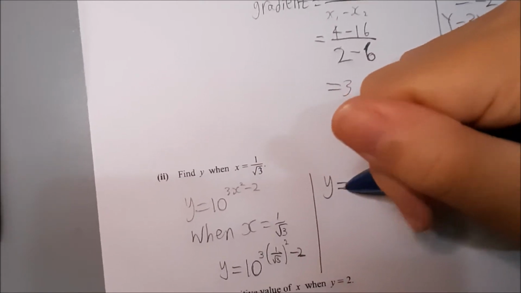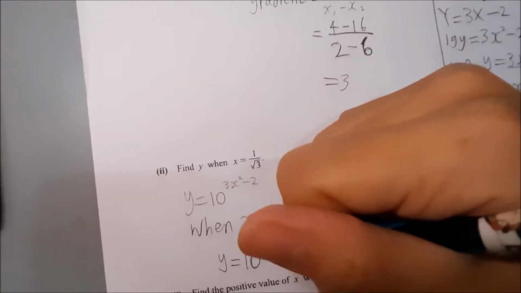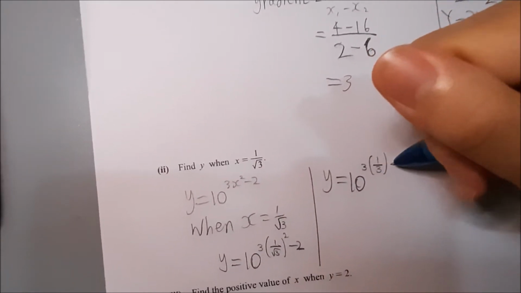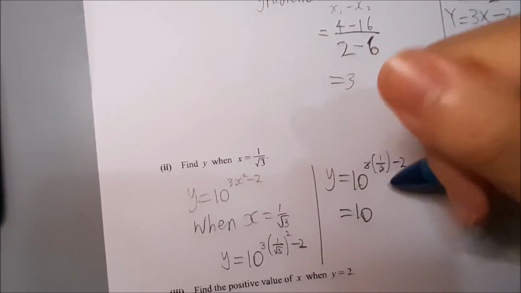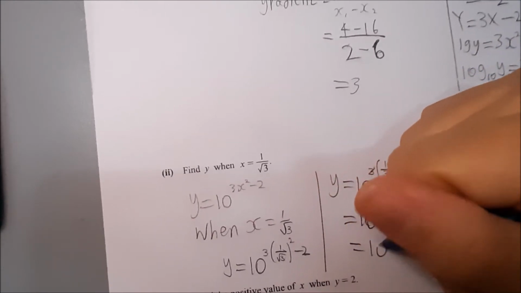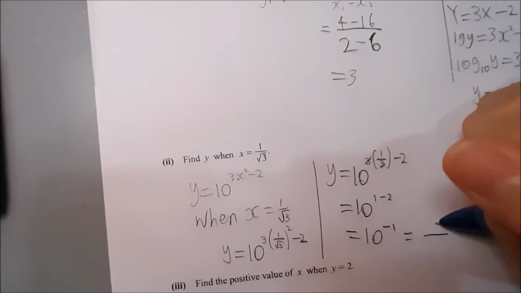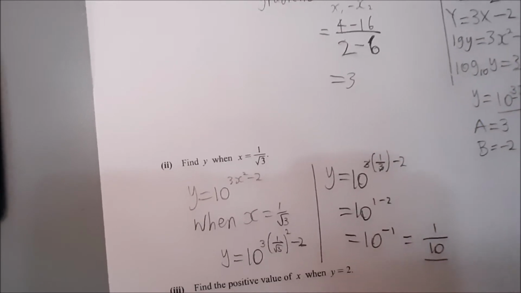So this becomes y equals 10 to the power of 3 times, what is (1 over square root 3) squared? That would be 1 over 3, minus 2. This becomes 3 times 1 over 3 will be 1, minus 2. So it becomes 10 to the power of minus 1, so this becomes 1 over 10. So the answer is 1 over 10.